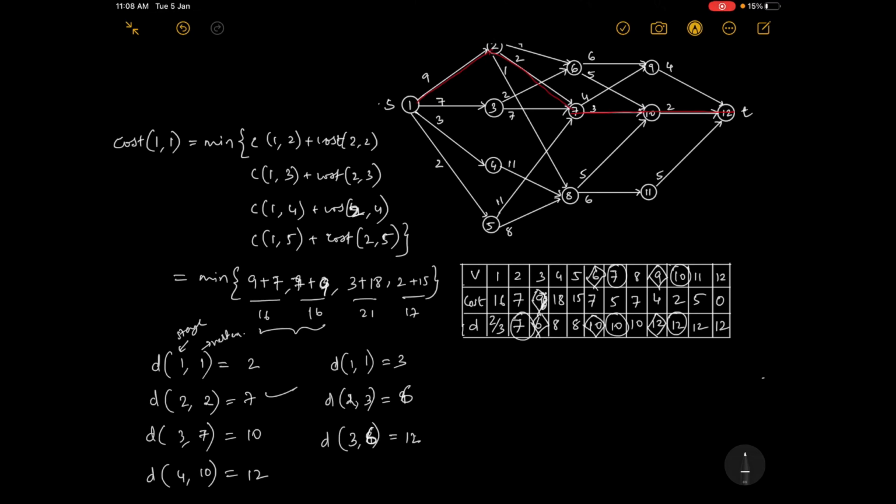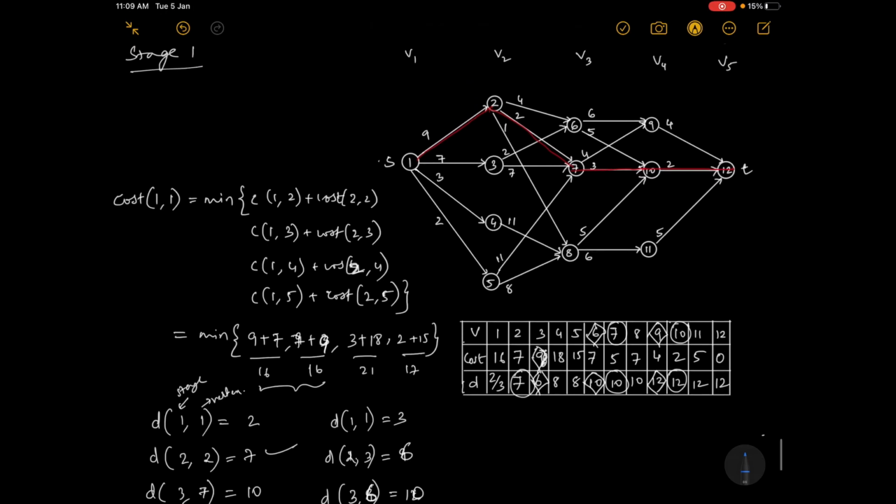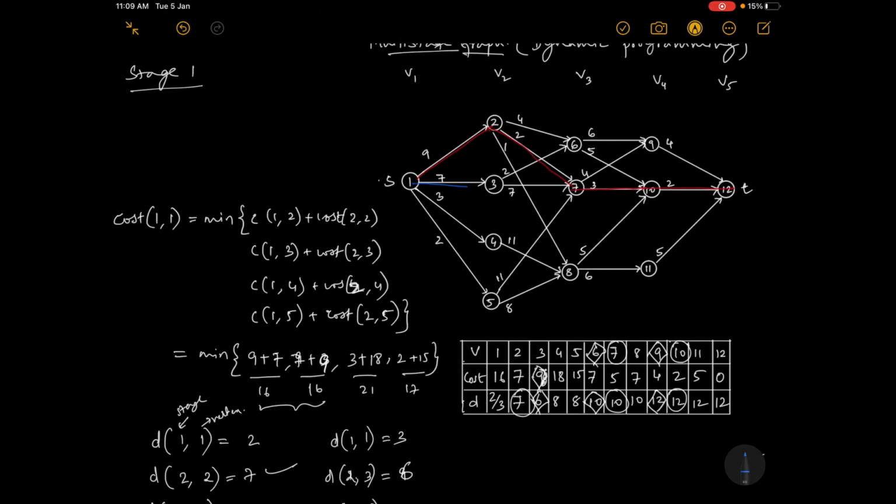So here 10 is the best path. So here 3 comma 10. Of course 10 is giving me 12. So another best path is 3, 6, 10 and 12. 1, 3, 6, 10 and 12.